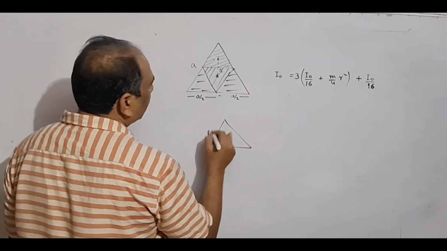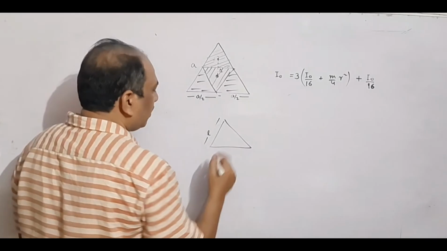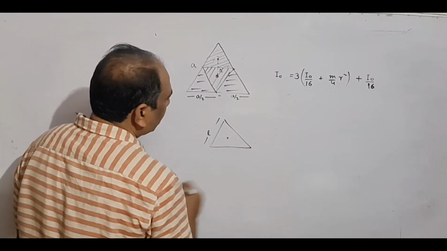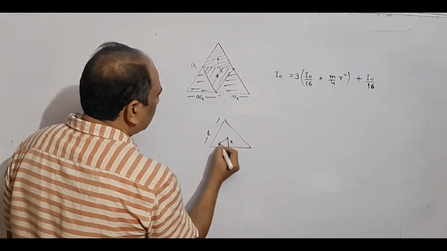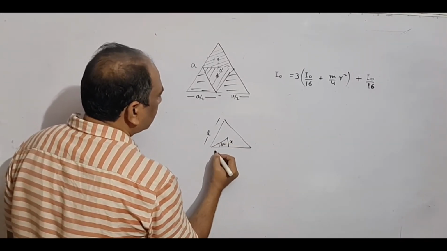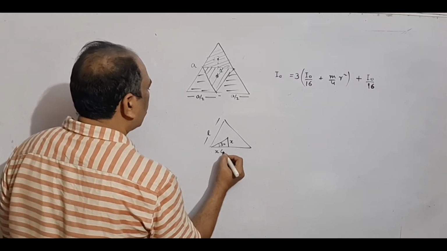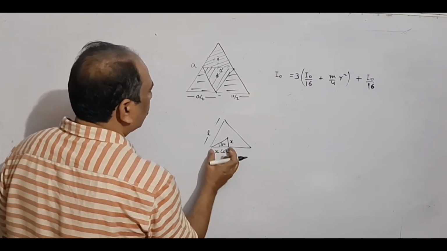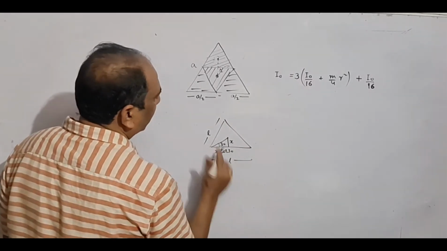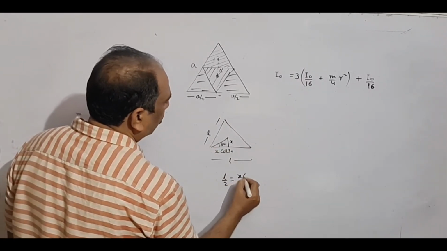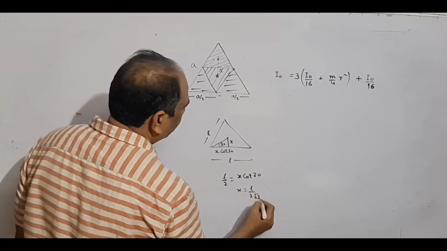If we have a triangle of side L, an equilateral triangle, then its center will be at a height, suppose x, and this angle will be 30 degrees, so this is x cot 30, and x cot 30 is again L by 2. So this length is L, and this is half of that. So L by 2 is x cot 30. So x is L by 2 root 3.